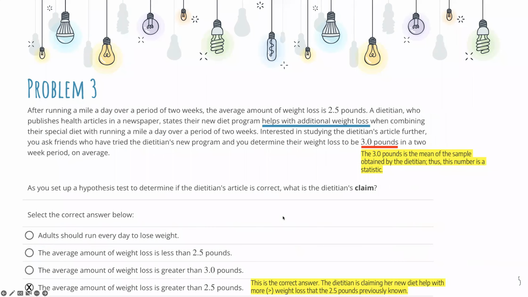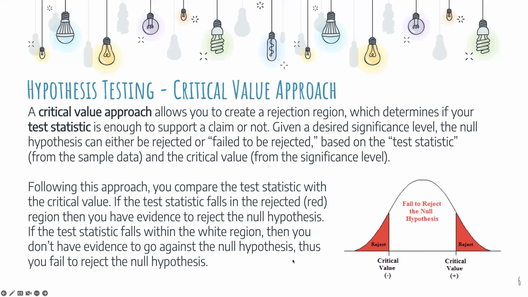So that's what we do to decide if we have the evidence to reject or if we fail to reject the null hypothesis based on a critical value approach.